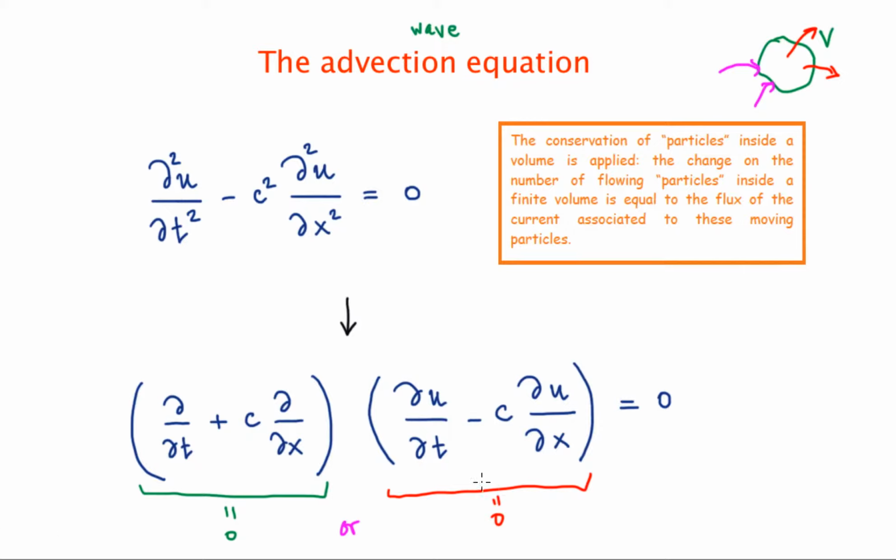Actually both equations are pretty much the same. The only difference is the sign that we have here. We are going to center our analysis on this equation here, but the features of the other equation can be easily derived from this equation as well.